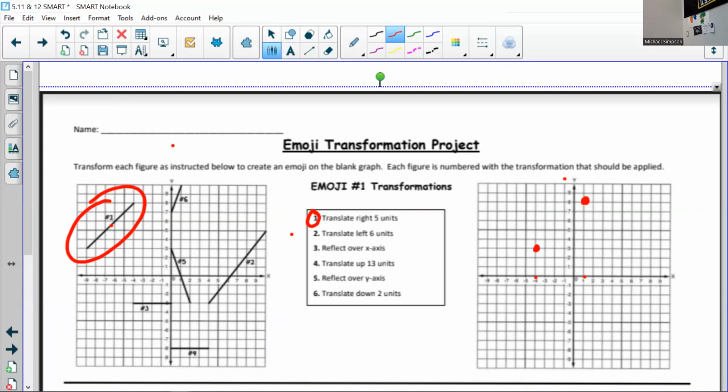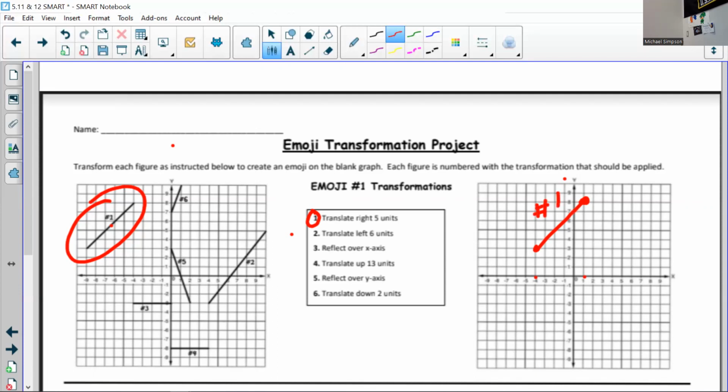Make sure you draw a straight line. On the homework last week, some of you guys are drawing a line that looks like this. That's not a straight line, guys. You got to connect the points with a straight line. If I see some wiggly lines, I'm going to take points off. You got to draw a straight line, connect the points, and that is number one.